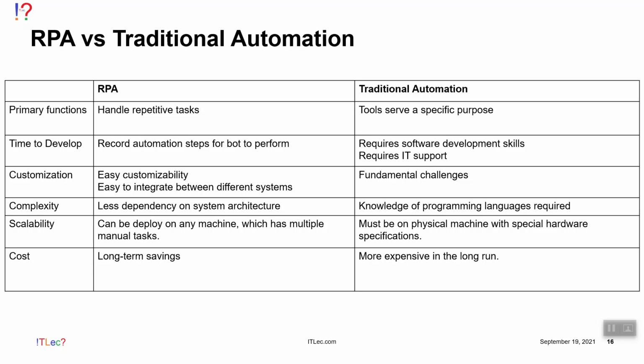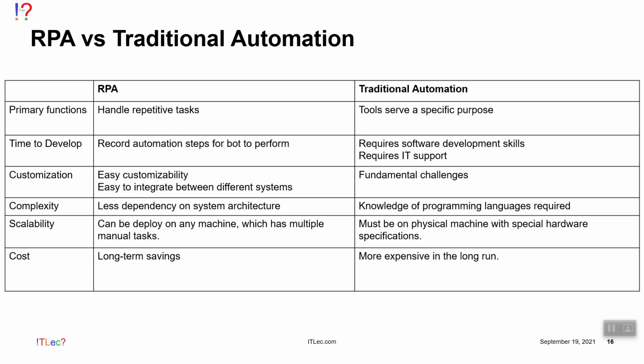In traditional automation, there are some fundamental challenges. You know, maybe one customization affects someone else, or there are dependencies between code, whatever. Complexity: RPA has fewer dependencies on system architecture, but for traditional automation, knowledge of a programming language is required.